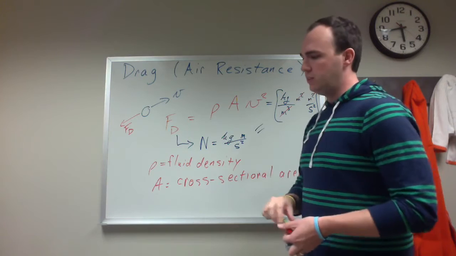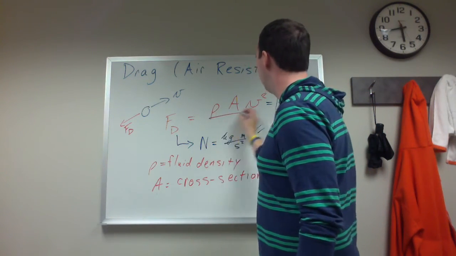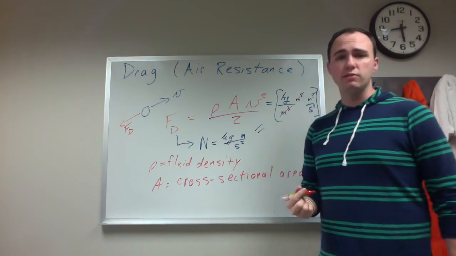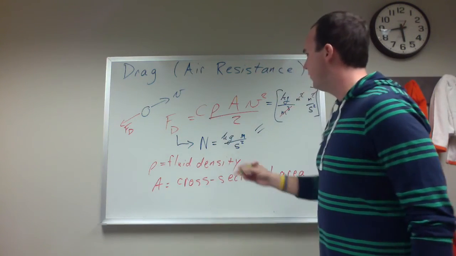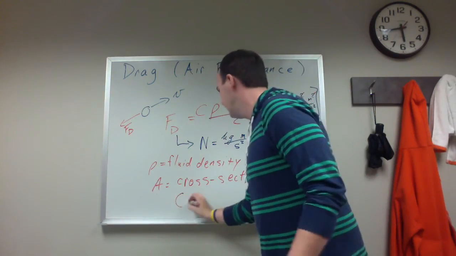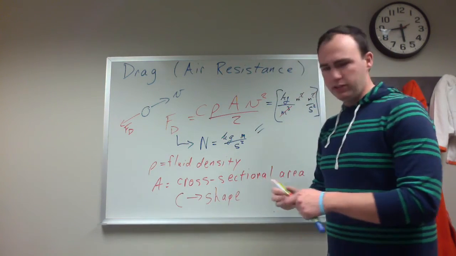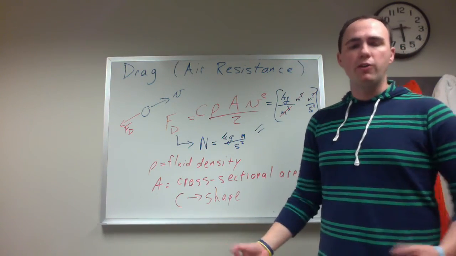Now it turns out that the way that this is actually written down gets a little bit more complicated than that. So it turns out that the way it's normally written is there's a factor of 1/2. And then there's also this coefficient c. And c tells us about the shape of the object. So as you may be familiar with, certain shapes are more aerodynamic than others.